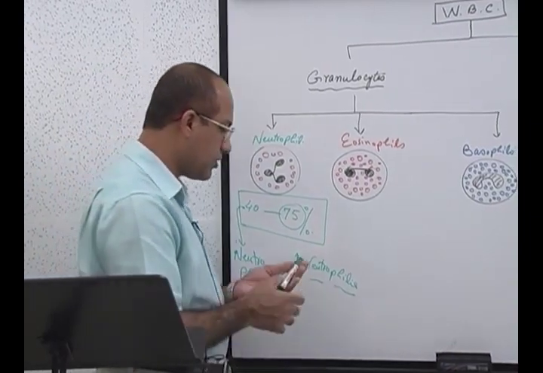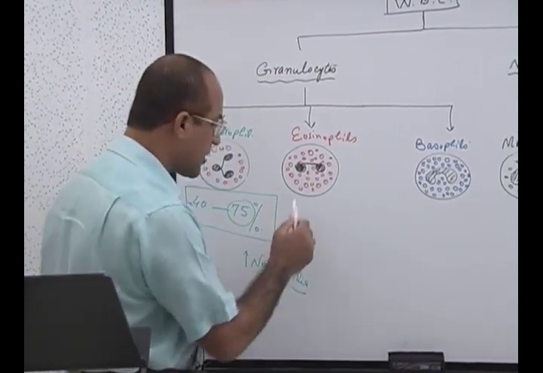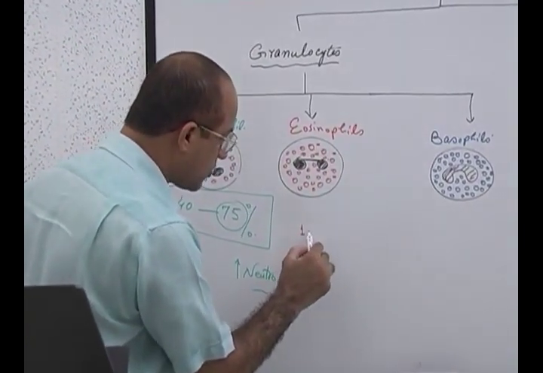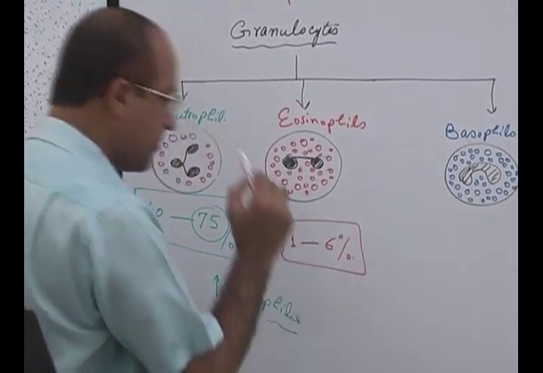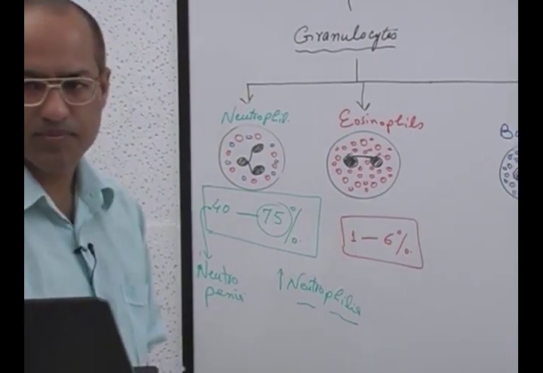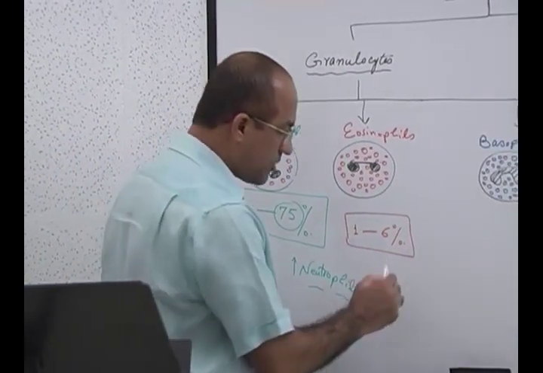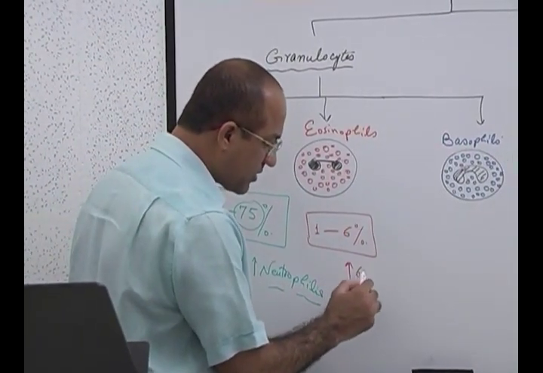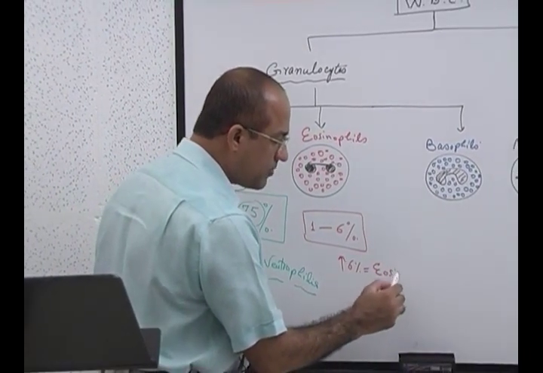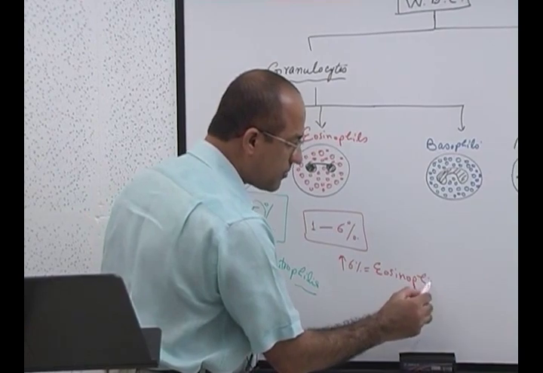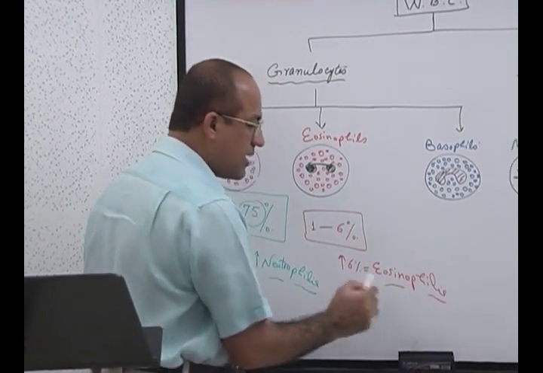Then there are eosinophils, and the eosinophil normal count is somewhere between 1 to 6%. Eosinophils are less abundant. If the number of eosinophils is more than 6%, then we say there is eosinophilia.